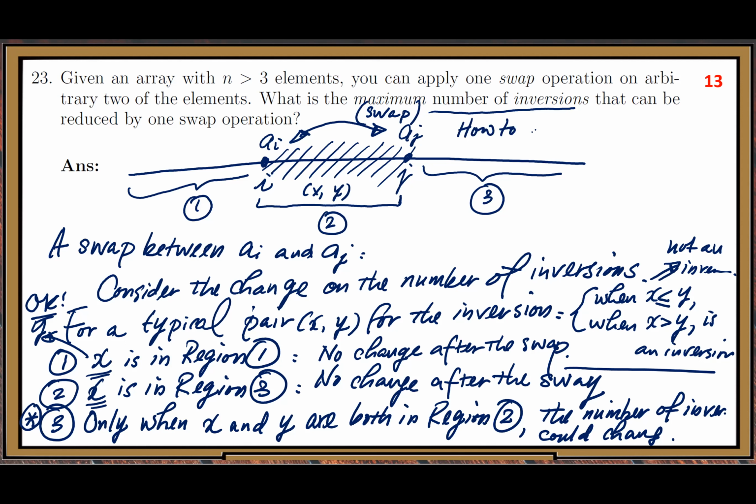How to make the number of inversions maximum?